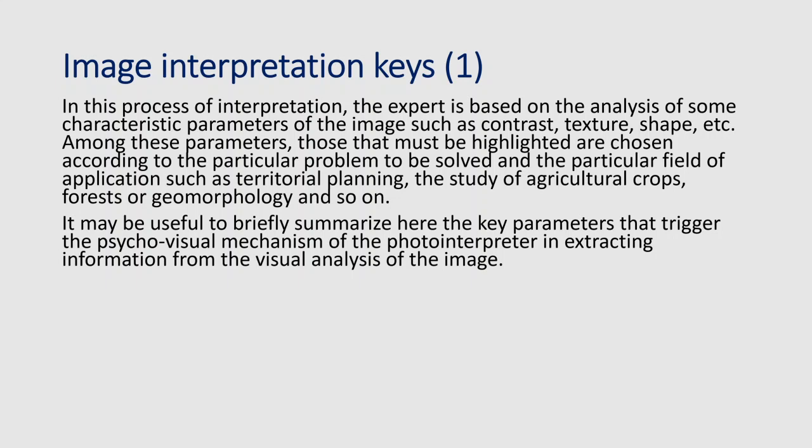So, it may be useful to briefly summarize here the key parameters that trigger the psychovisual mechanism of the photointerpreter in extracting information from the visual analysis of the image.